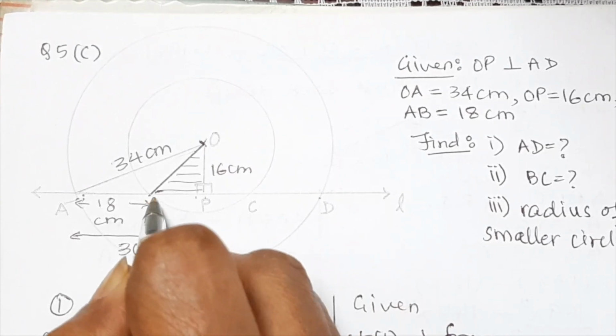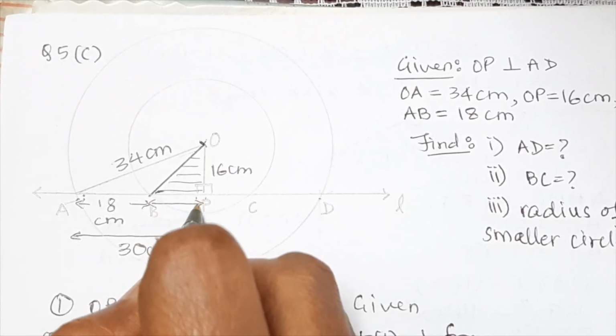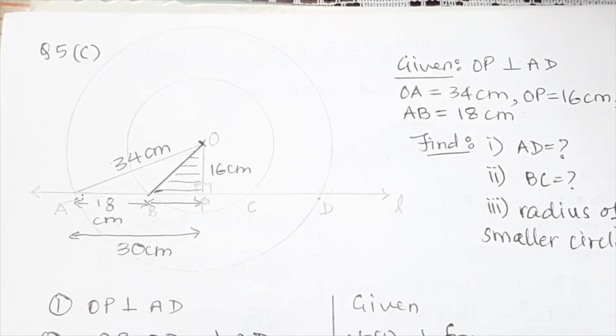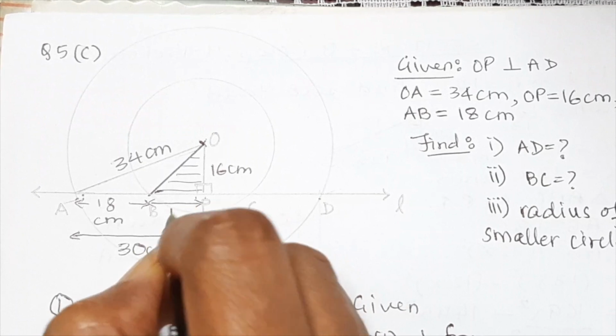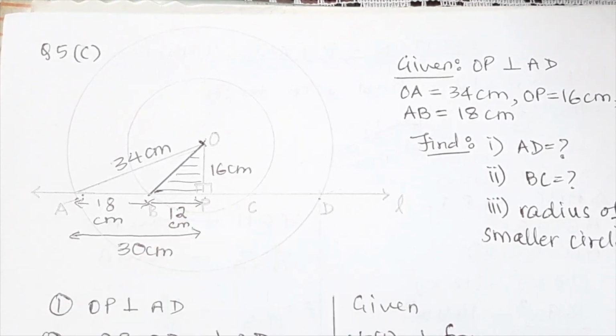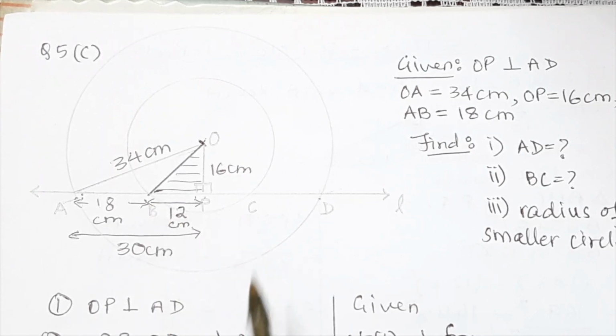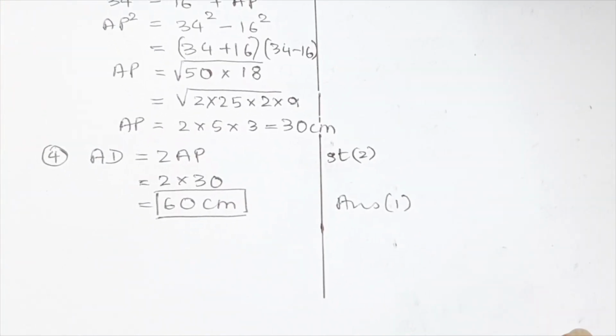So your BP will be from here to here. This is going to be 30 minus 18, and that will be 12 centimeter. So in this triangle, you can find BP is 12. So BC is going to be double of that.